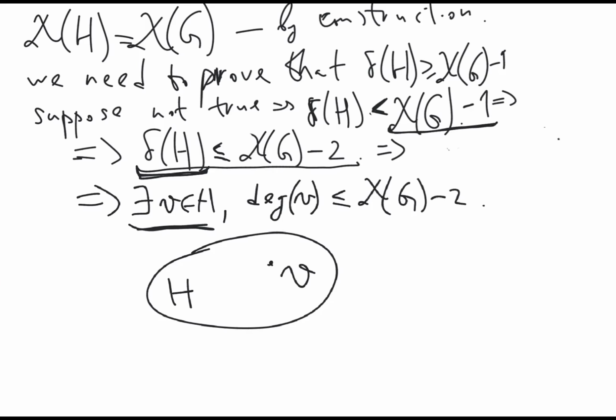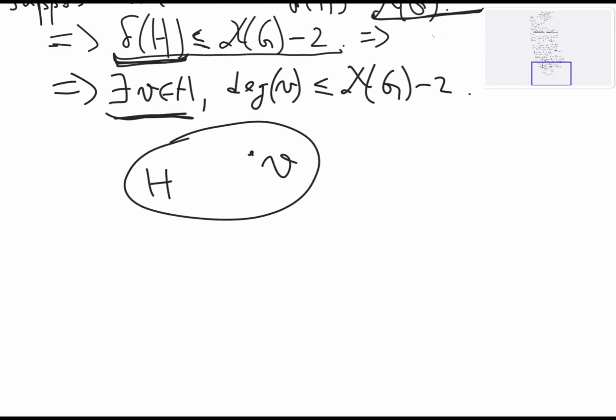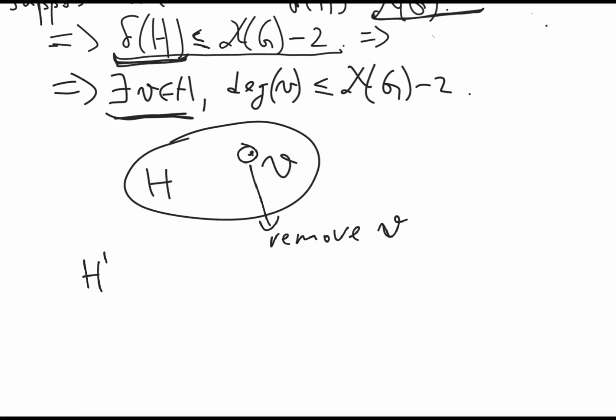Right. So remove this vertex v. The resulting subgraph, let's denote it H prime, is basically H minus the vertex v.